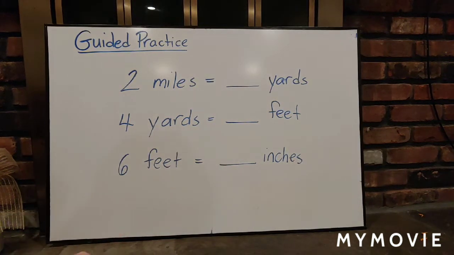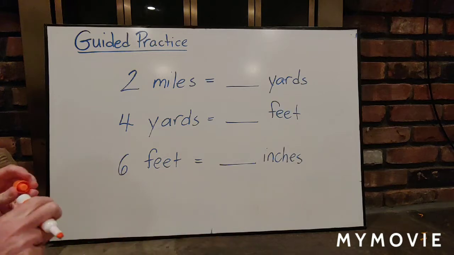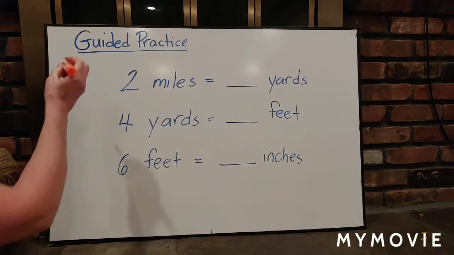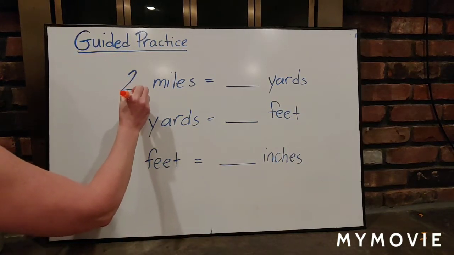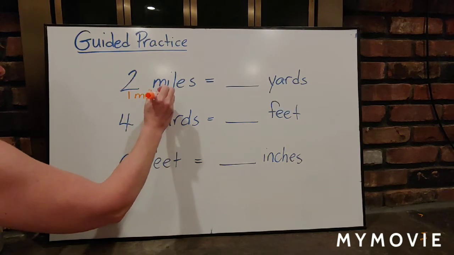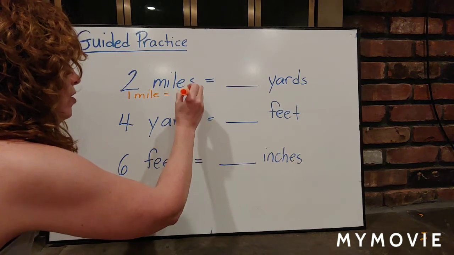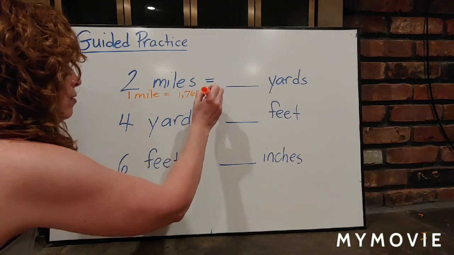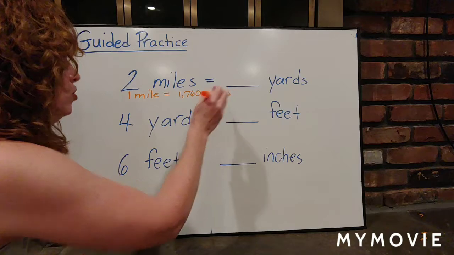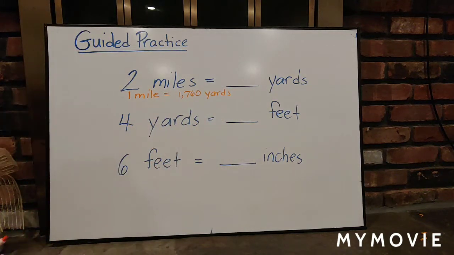Okay, so 2 miles equals how many yards? Well, I'm going to look back at my board and I'm going to tell you that 1 mile equals 1,760 yards. So what does 2 equal?